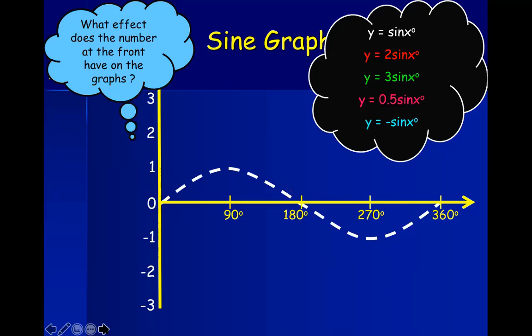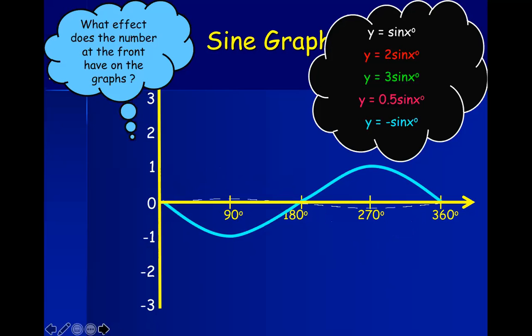If we have minus sine x, this time it's a -1. So the amplitude, instead of being +1, will just go to -1. We will start at the same point, but we will go through -1 first, and then go back up. So we've just flipped sine x into minus sine x. It's like a mirror across the x-axis.